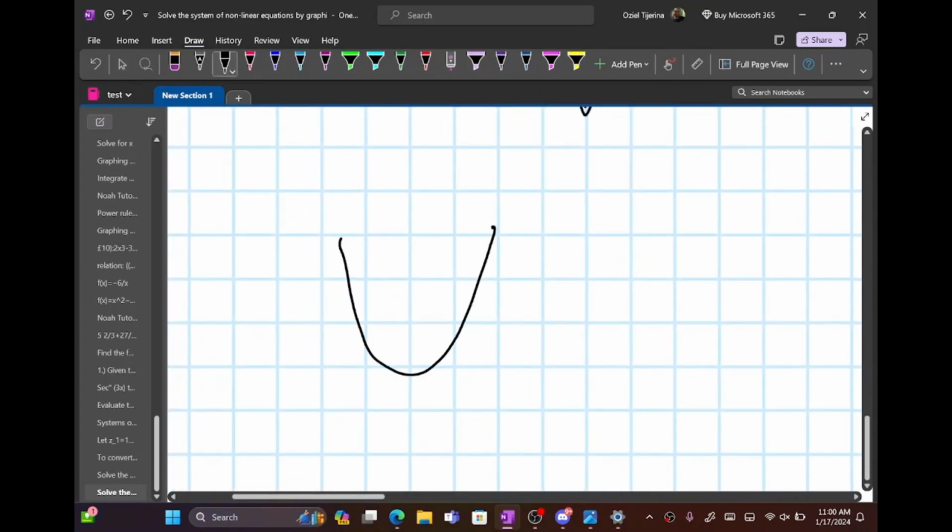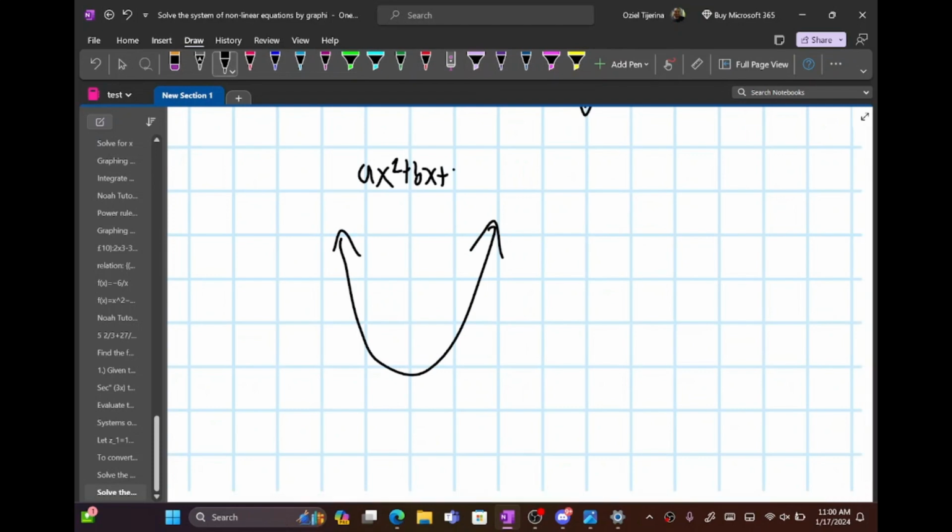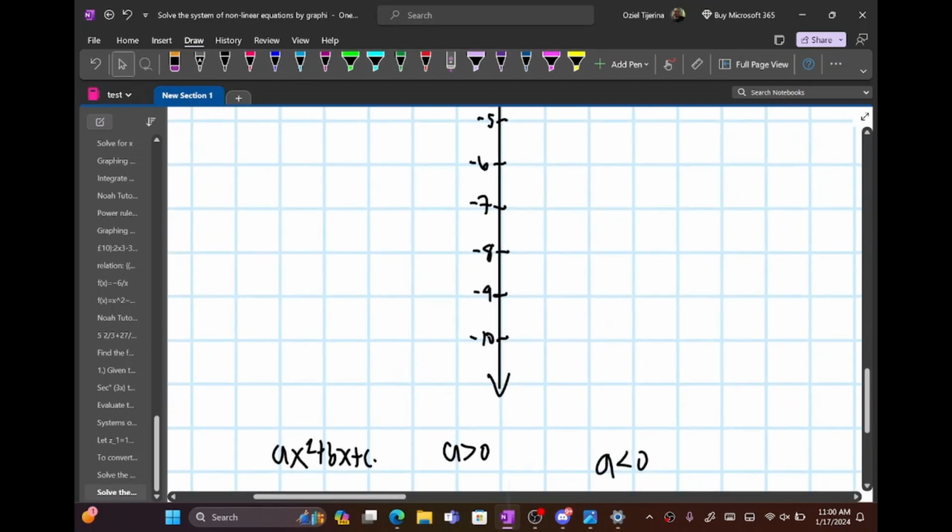Whenever we have ax squared plus bx plus c, if a is greater than 0, then it points upwards, and if it's less than 0, it goes downwards. So I just want to state that very clearly.